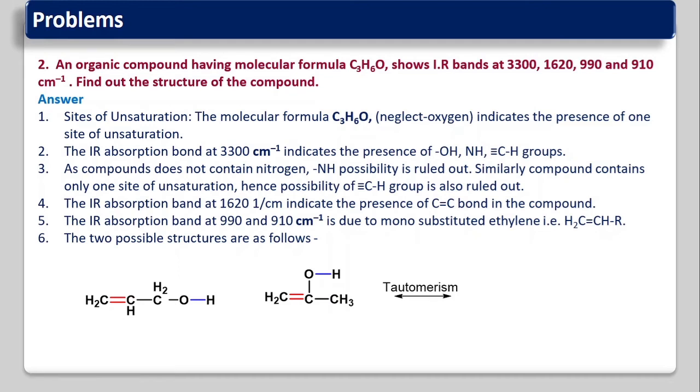So these are the two possible compounds. This compound on tautomerism gives acetone. See here, the red is for the carbon-carbon double bond, and the blue is for the oxygen-hydrogen single bond, the hydroxyl group. So we have to mention this IR frequency.